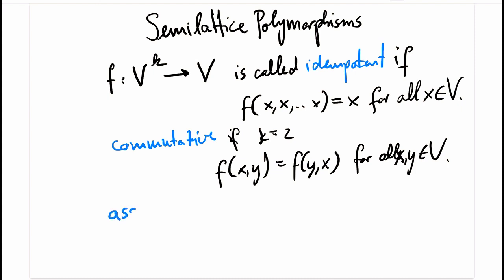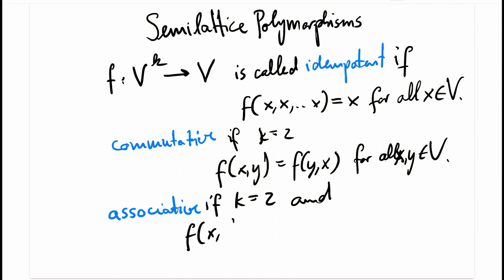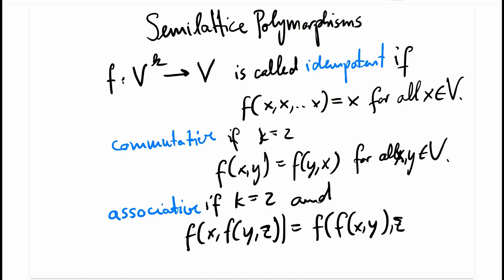Again, f should be binary, so again k equals 2. And here, you know this already, we can re-bracket. If I have f(x, f(y,z)), I can change brackets and I get the same, if I first apply f to x and y, and then with f again apply to z.